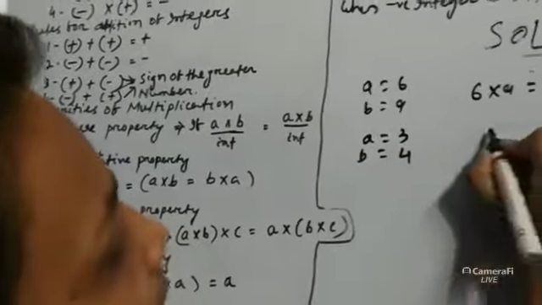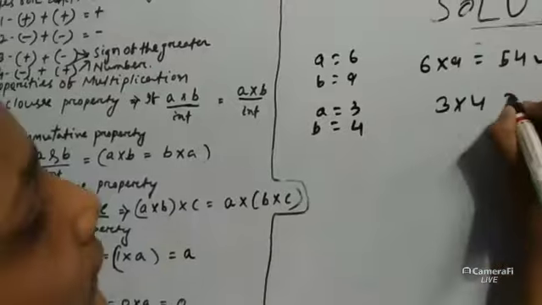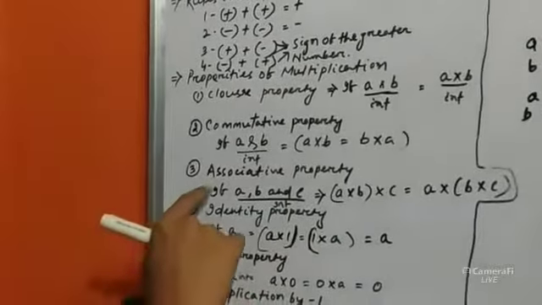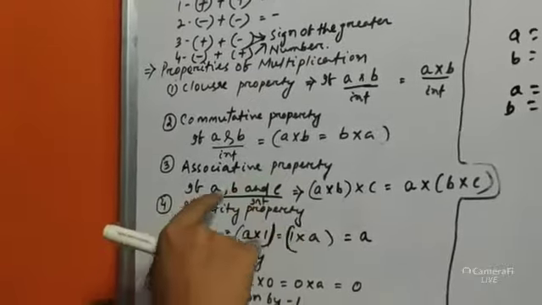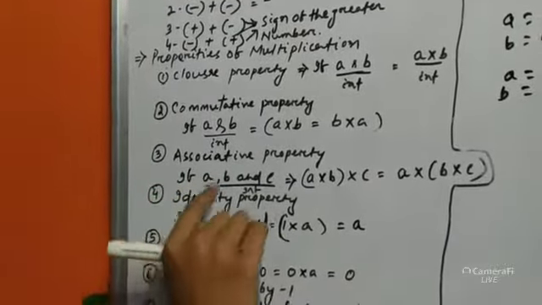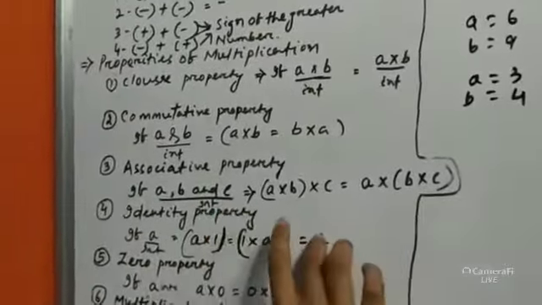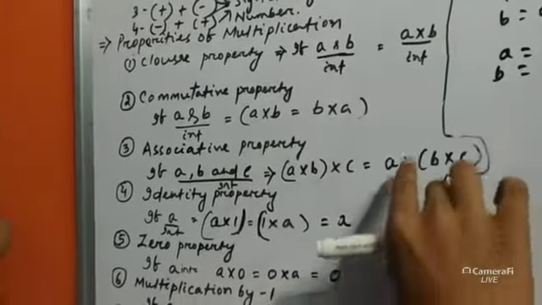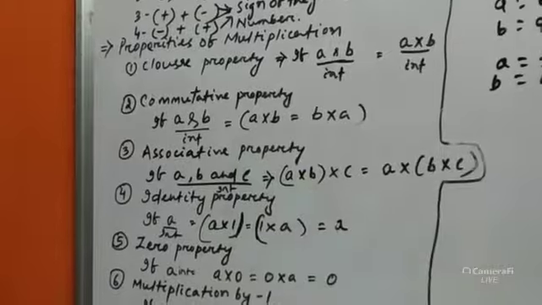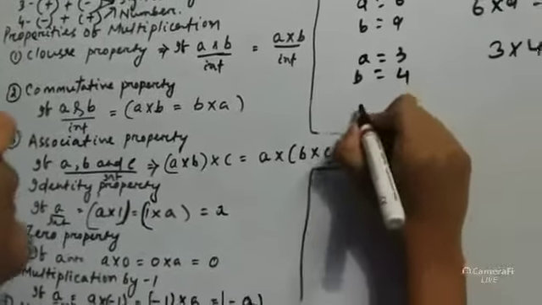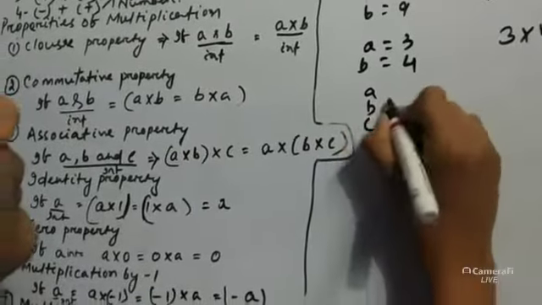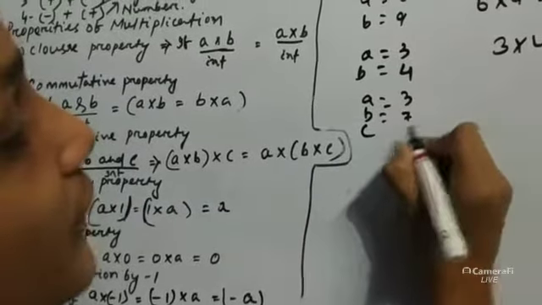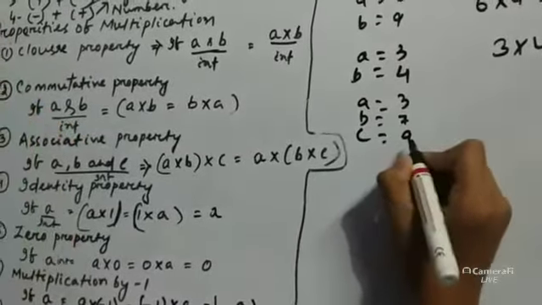Now a into b, 3 into 4 equals 4 into 3. Now we'll go for associative property. If a, b and c are integers, then a into b into c equals a into b into c, which is also an integer. Let us take a equal to 3, b equal to 7, c equal to 9.